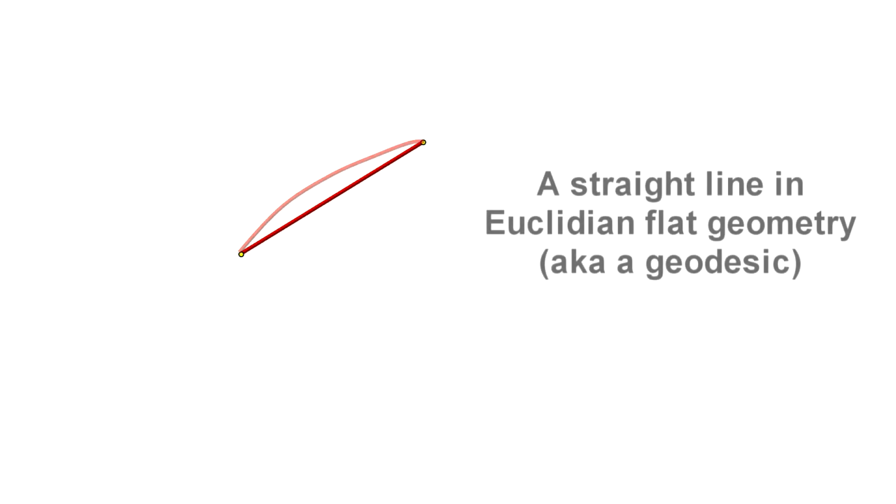To understand the differences between Euclidean geometry and other possibilities, we start with points and connect them with lines. The shortest distance between 2 points is the line with the least curves. In Euclidean geometry, this is a straight line. In this case, the least curvature is no curvature at all.